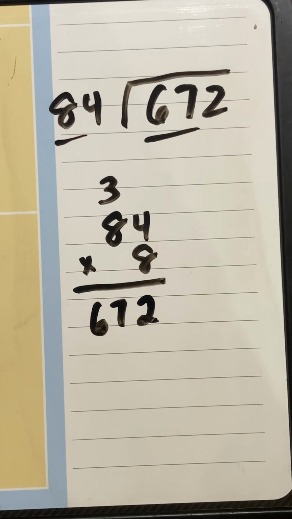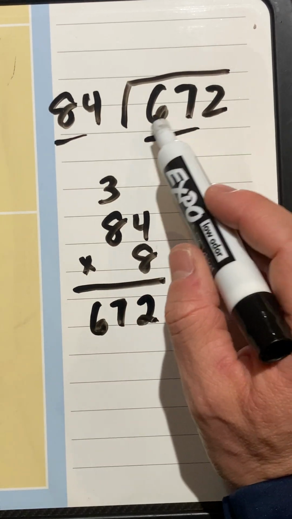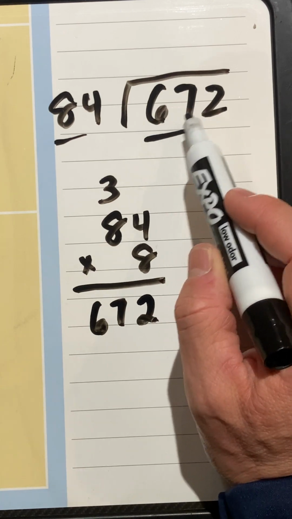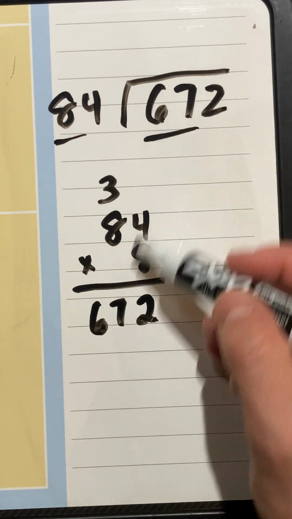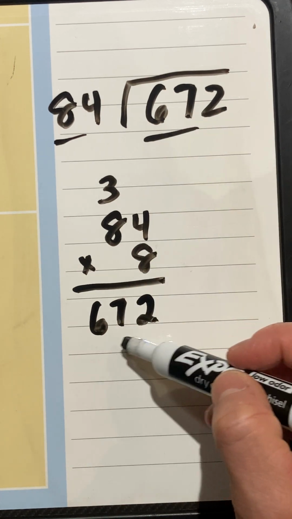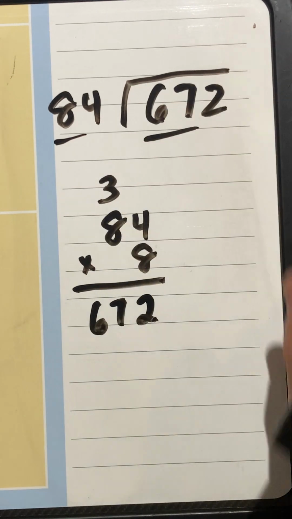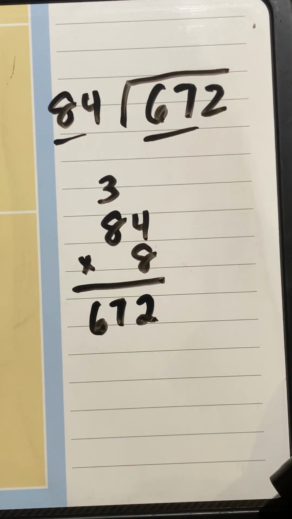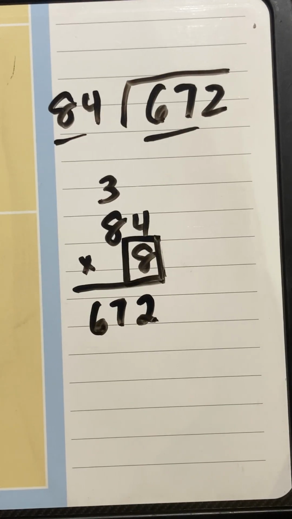Now, I misspoke earlier. This number here can be equal to this or less. If it was bigger, it wouldn't work. For this particular number, it matches. So the answer to how many 84s are in 672 is 8. Carrying on the theme of the paper that we've been working on, the answer is 8.